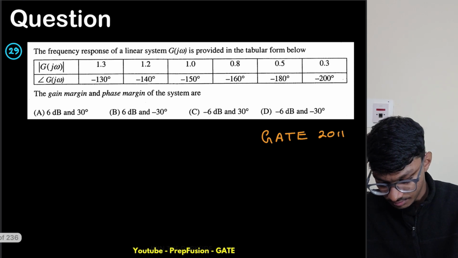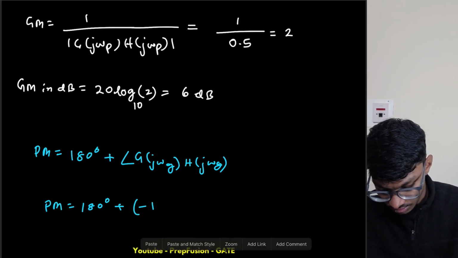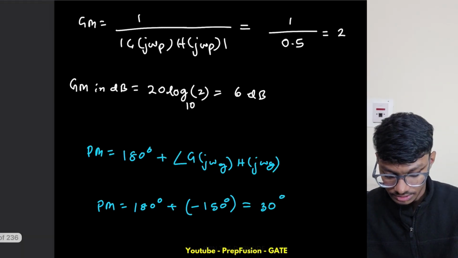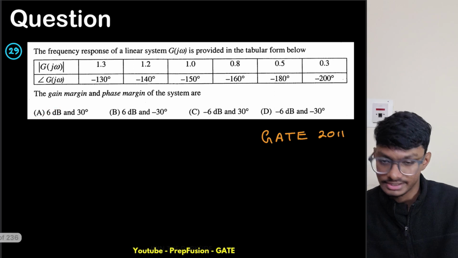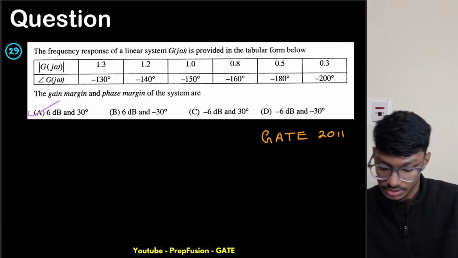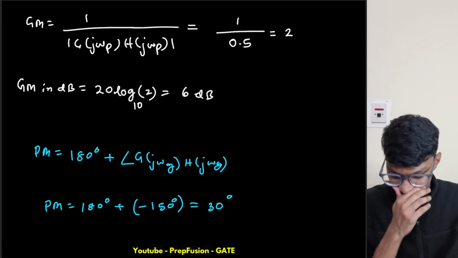The angle here is minus 150, so 180 minus 150 is 30 degrees. Obviously option A matches. I can say phase margin and gain margin are positive anyway, but just to prove it to you. This was very simple, but you might get confused, so that's why I took this question.